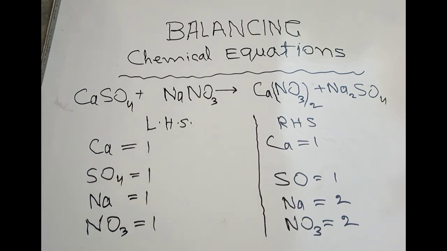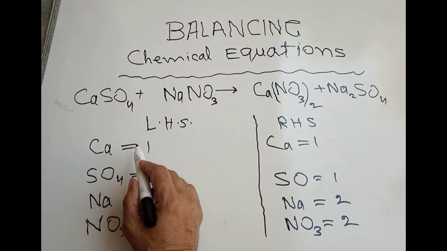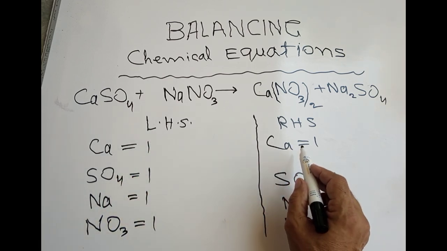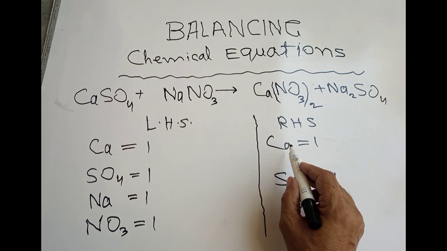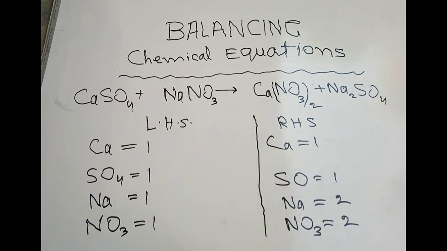So now we want to balance the equation. Here on the left hand side we have one Ca atom, and on the right hand side the Ca atom is also 1. So this is balanced.